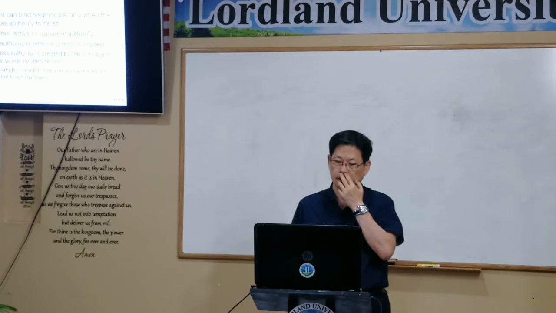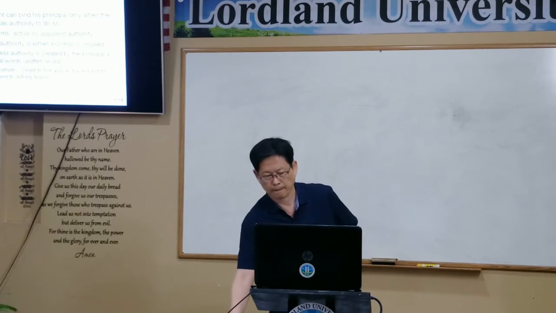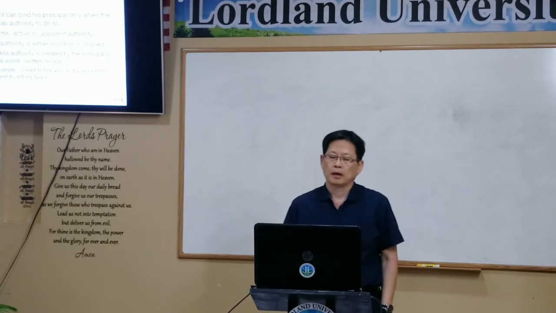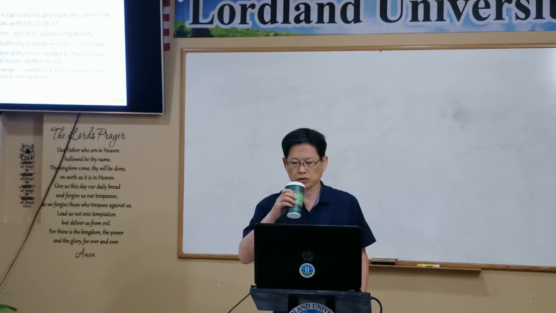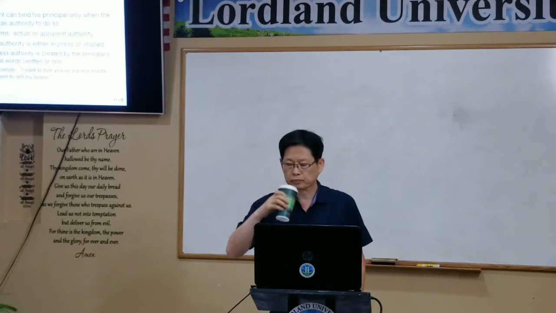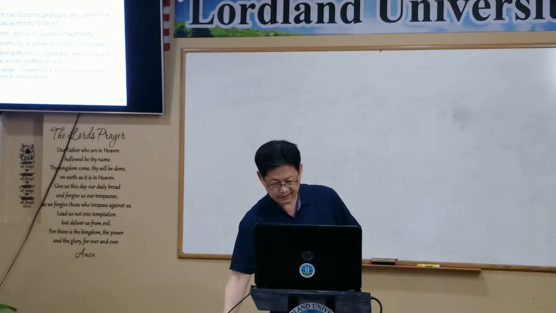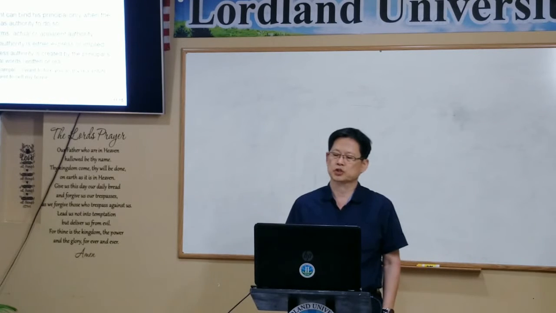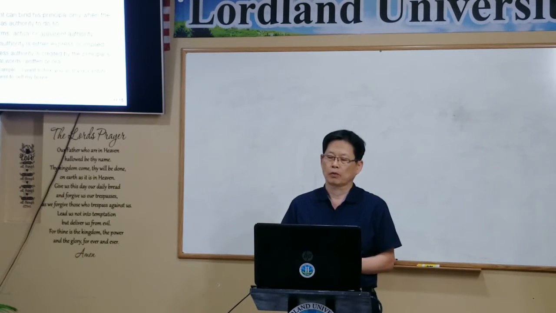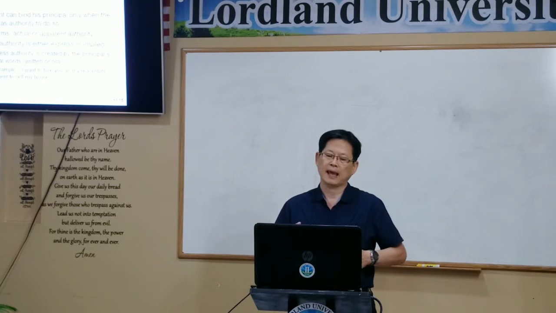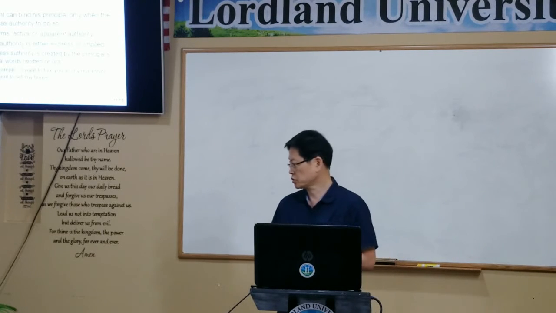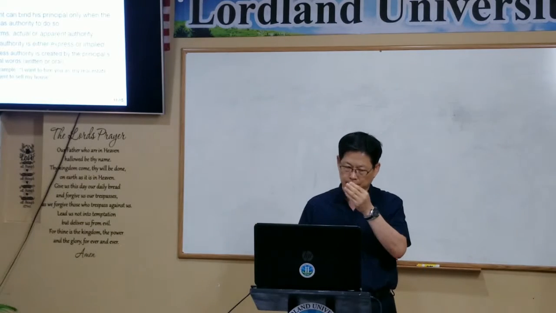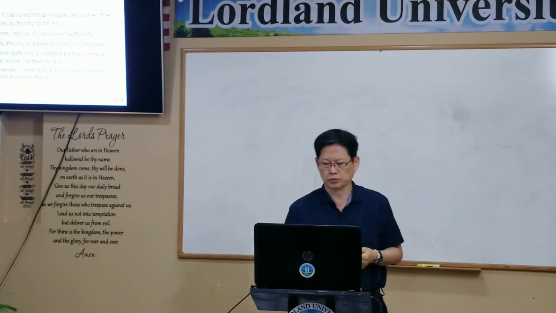Agent's authority, agent's power. An agent has a power, authority to bind his principal only when the agent has authority to do so, to do something under the control of the principal, under the direction of the principal.